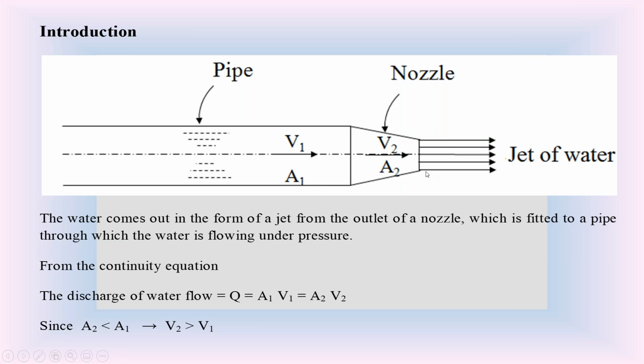When the water jet is hitting the metal plate, the water jet applies a force on the metal plate. In Unit 3, we are going to discuss what is the expression for that force, the force exerted by the water jet on the metal plate.